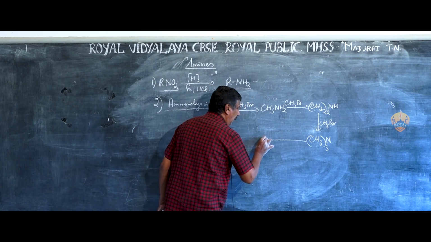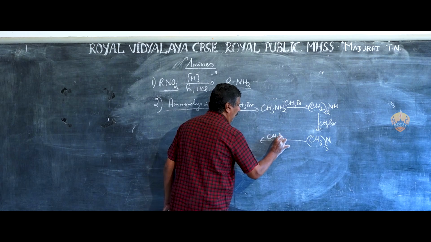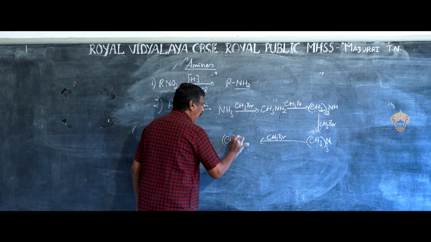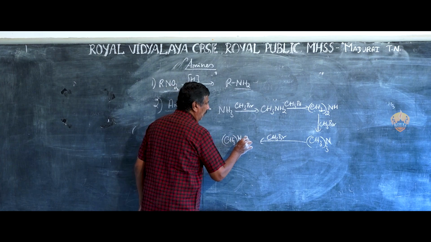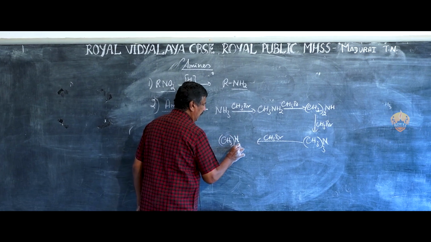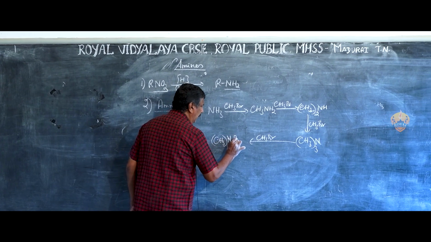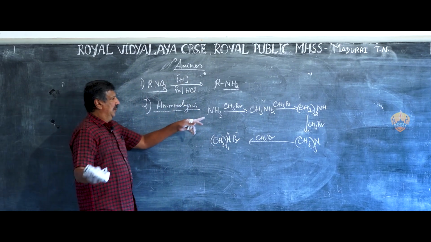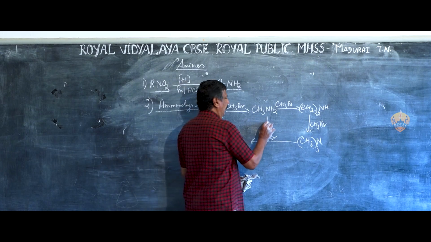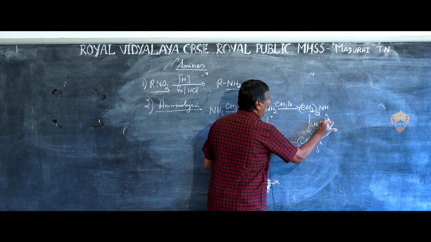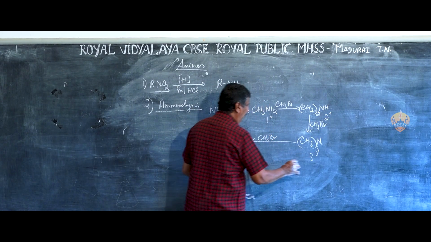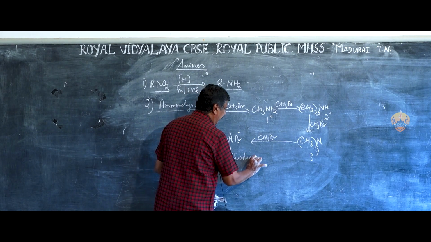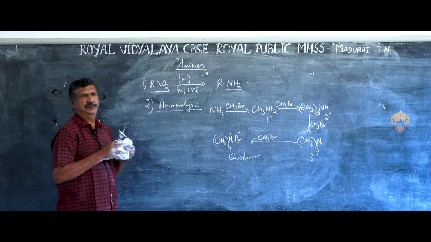Then again, when you treat with methyl bromide, you get an additive quaternary salt. You see, methyl is going inside, bromide is outside. This is a 1 degree amine, this is a 2 degree amine, this is 3 degree amine, this is a quaternary salt.